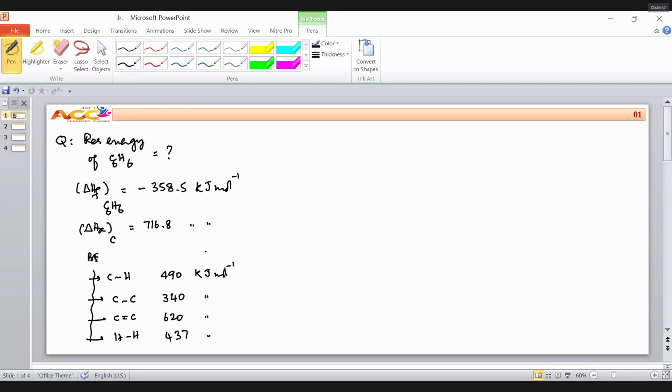Nothing to worry about. Let us try to form the benzene. How to prepare the benzene? Formation reaction means we should write in a reverse manner: 6 carbons plus 3 moles of hydrogen gives C6H6.